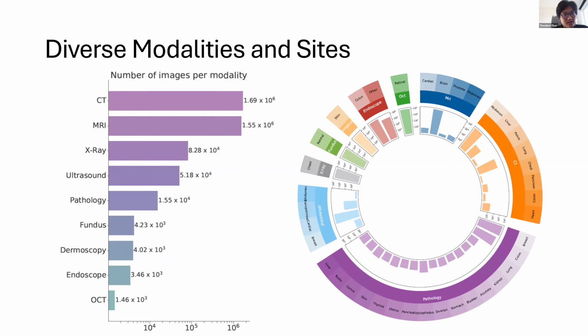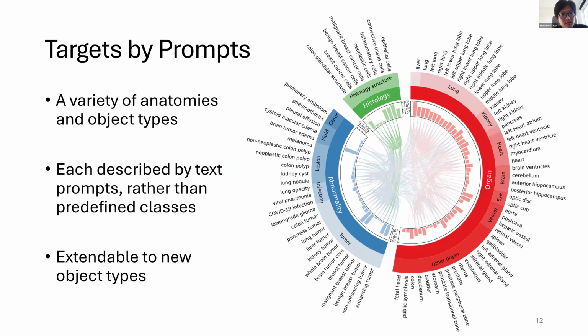So this dataset covers a big variety of modalities. It covers in total 9 different modalities, from CT, MRI, X-ray to dermoscopy and OCT, and also many different anatomy sites in each modality. It also covers different types of objects, and each of them is actually defined by prompts.